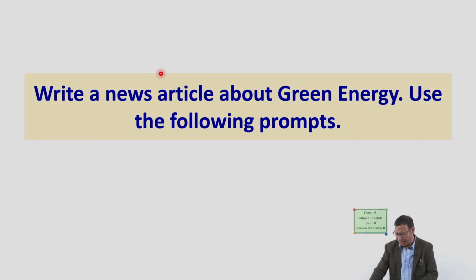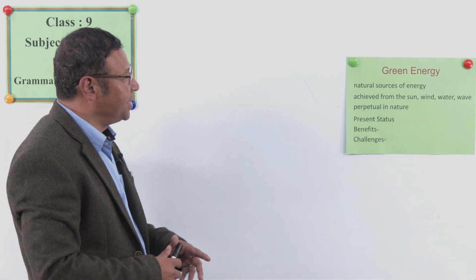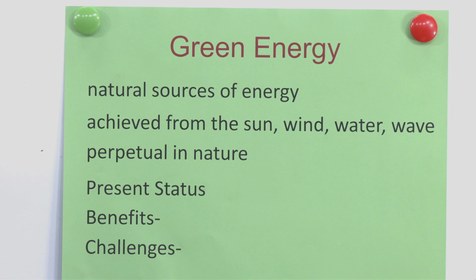Let's see this one. You can see on the board, it's in your book. It asks you to write a news article on green energy. As I said, you can develop the article about anything else, but here you have been asked to develop the article on green energy.